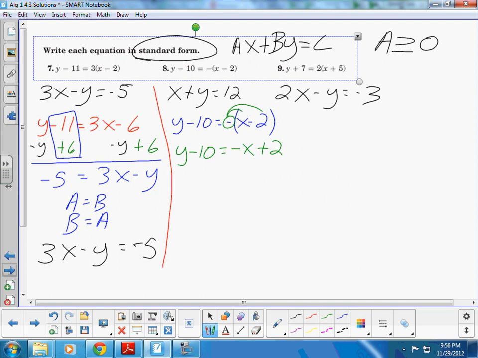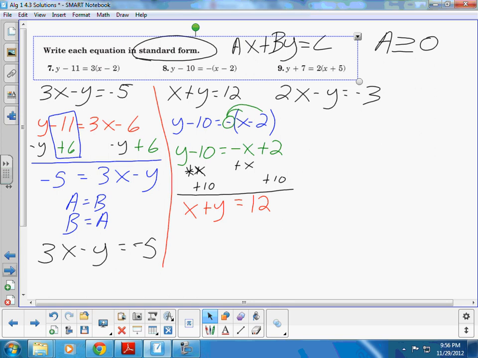That's why it's plus 2. In this problem, I am going to add x to both sides. I'm also going to add 10 to both sides. When I do that, my answer will be what I have up above, and that is x plus y equals 12.